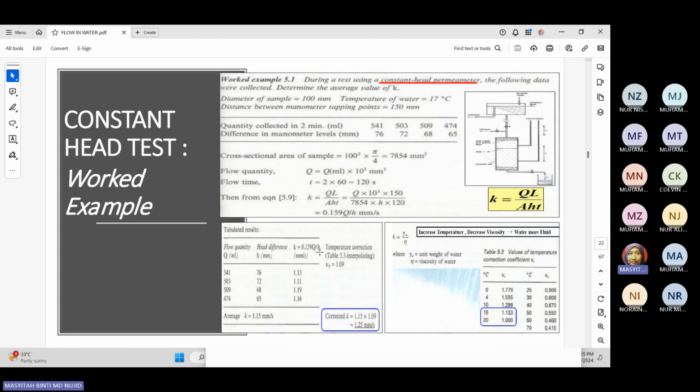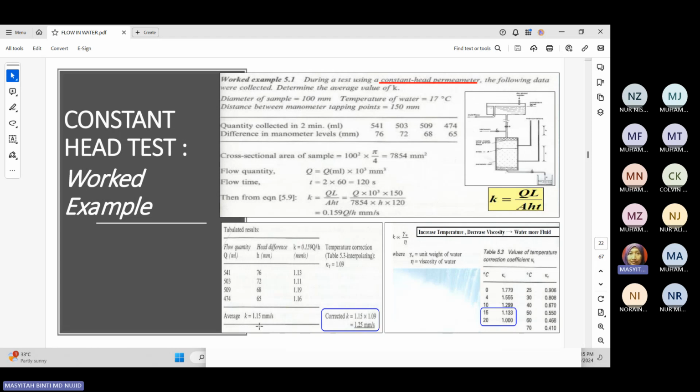So dia just maintain formula tu dalam 0.159 Q over H millimeter per seconds. So nanti last kali tu baru dia tukarlah Q tu dengan unit 10^3 millimeter cube. So finally bila dia get the answer untuk dapatkan what is the right K.